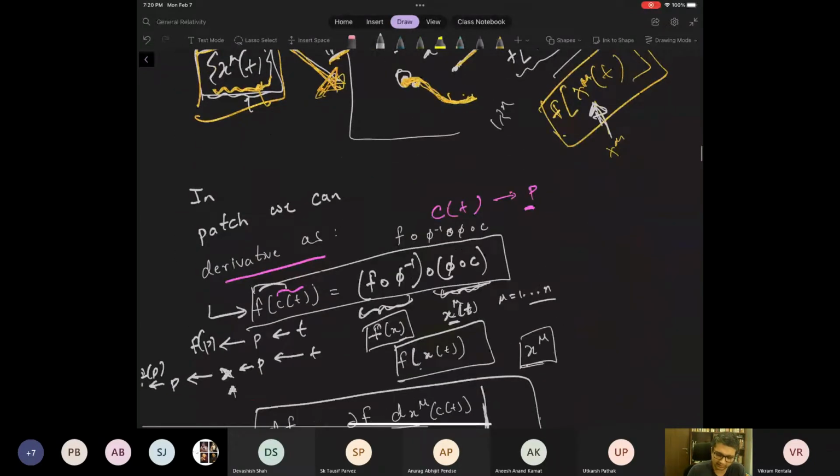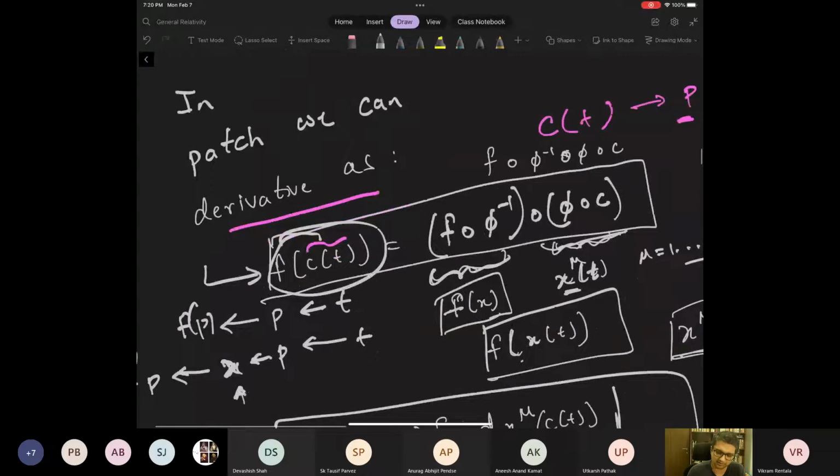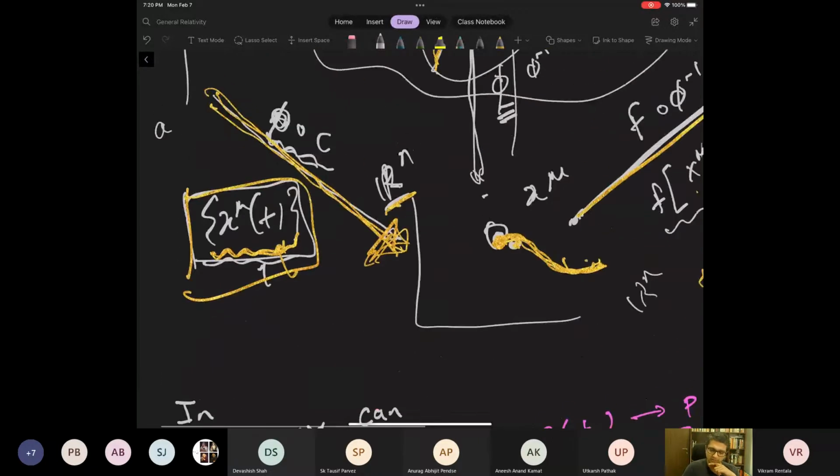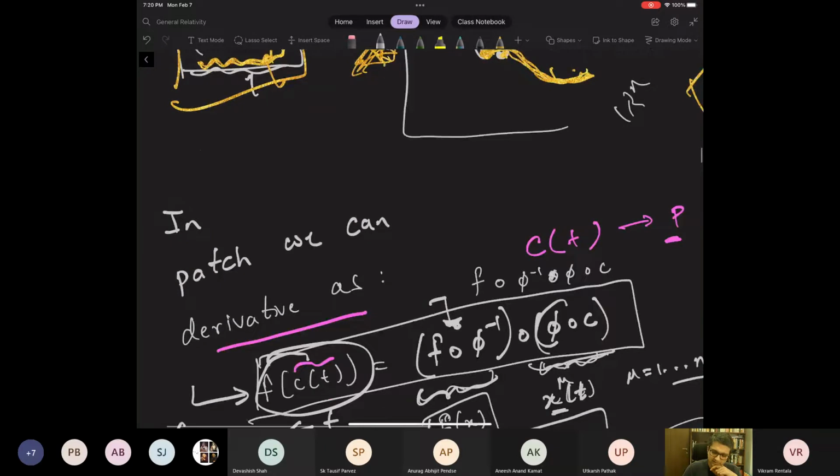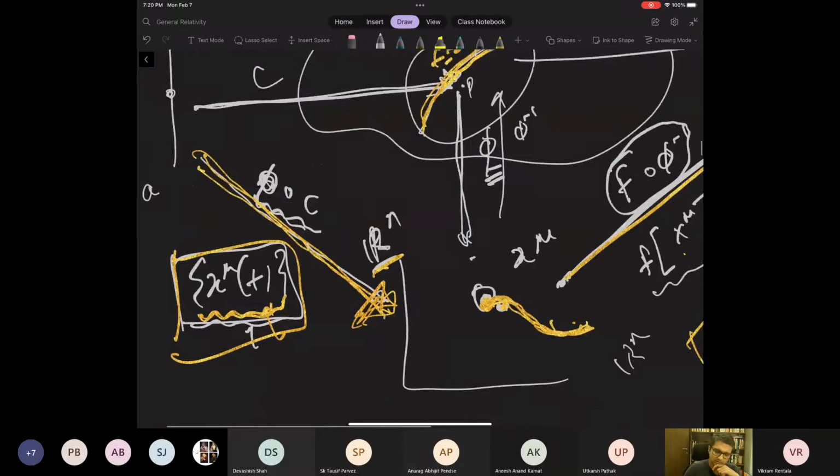Instead of writing it as f of c of t, we now write it as f circle phi inverse, which is this operation here, composed with phi circle C, which is this operation over here.